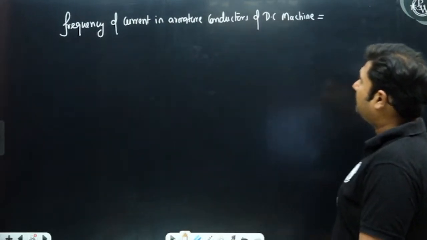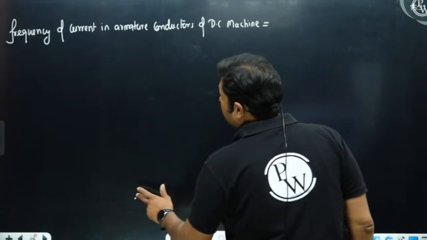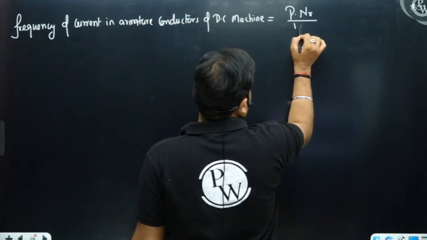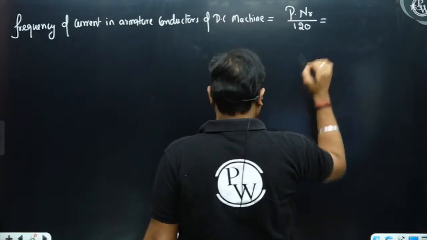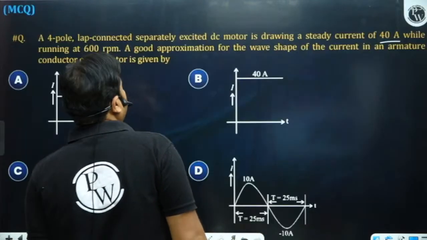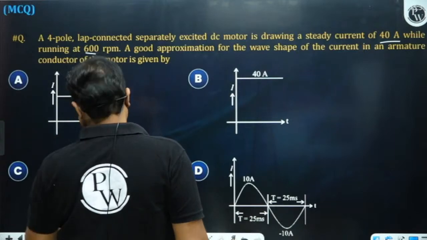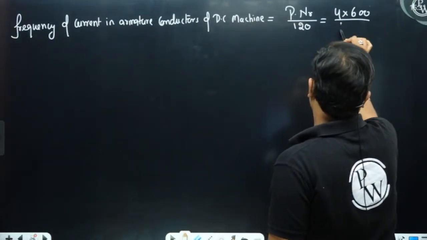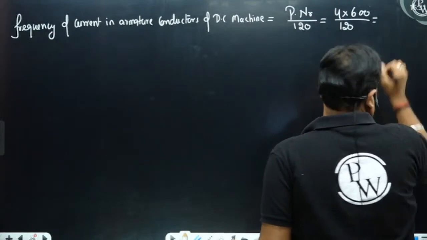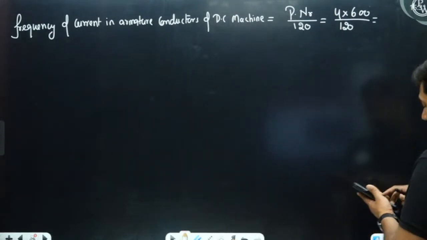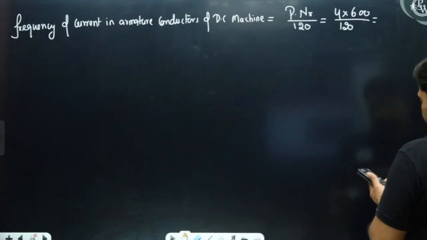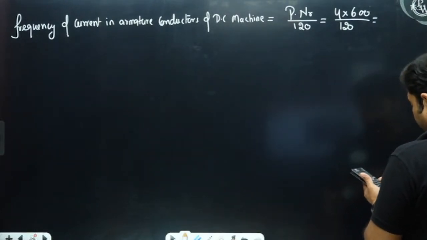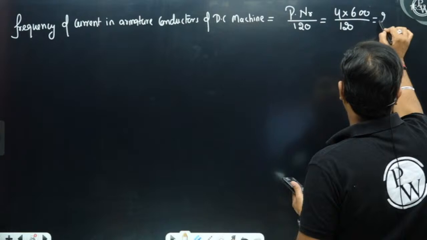Frequency of current in armature conductors of DC machine is P NR by 120, where P is the number of poles, NR is the speed in RPM, and 120 is a constant. So 600 and 4 pole, so 4 into 600 by 120. So what is the frequency? 20 Hertz.